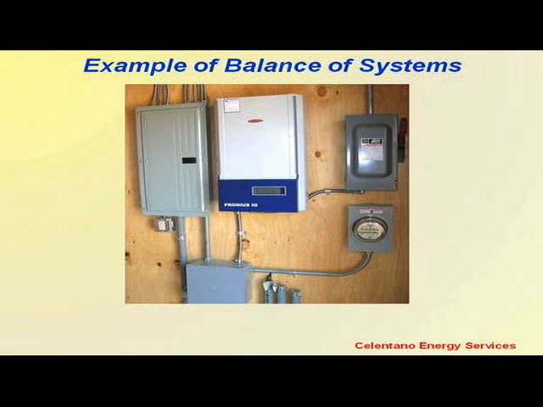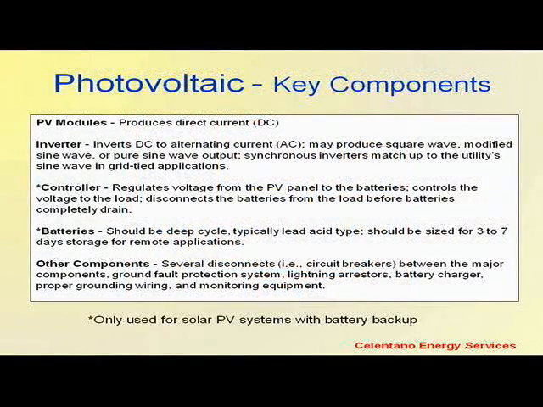All right, the photovoltaic key components. You have your module that actually produces the electricity. There's an inverter that converts DC to AC. You have a controller that regulates the voltage from the photovoltaic panels to the batteries or to the load. You have batteries.